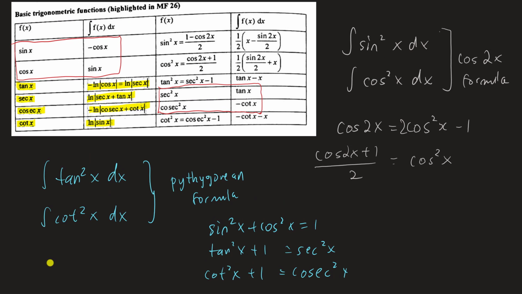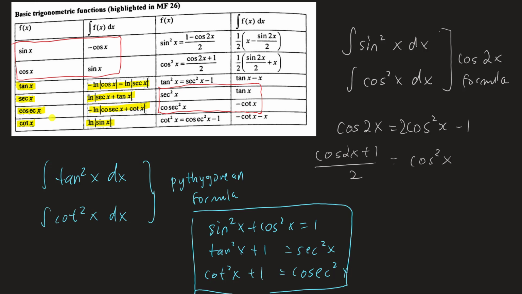But as of now, I believe you should be pretty familiar with these three already. Once you convert it into cosecant square and secant square, then you can use this red color box to actually help you. So remember, everything on the left hand side is easy. The 6 basic trigo, the first 2 you know in Sec 4, the last 4 you have it on MF26.